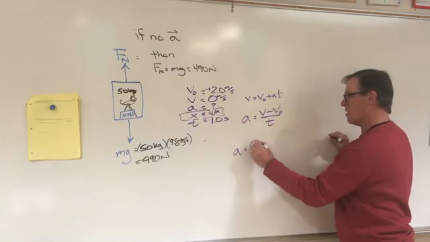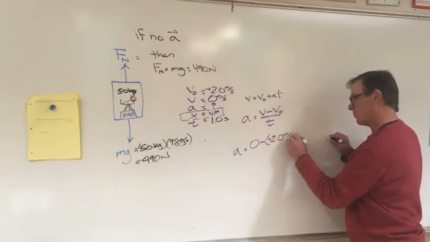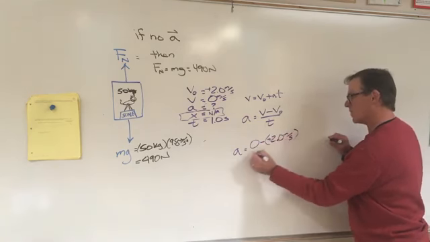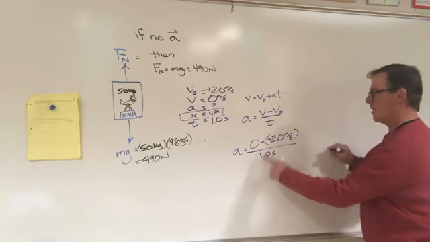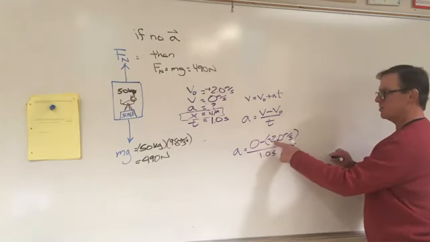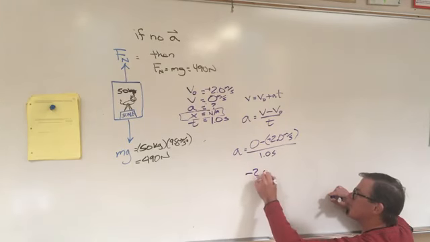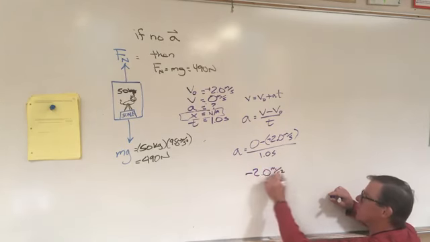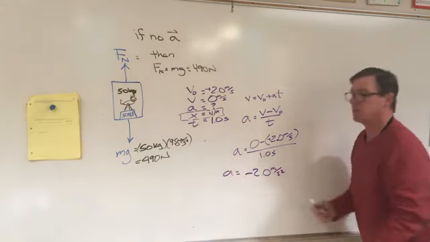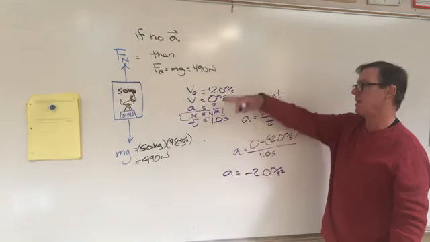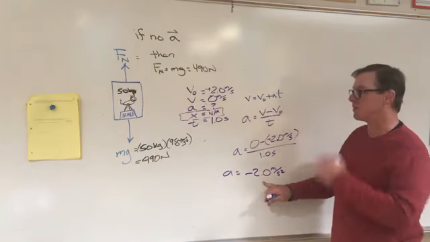And that's 0 minus positive 2 over 1 second. 0 minus 2 is minus 2 over 1 is minus 2 meters per second squared. So that's during the time that the dog is stopping. The elevator is coming to rest. It's going up and then it stops. And that's the rate of acceleration while it stops.